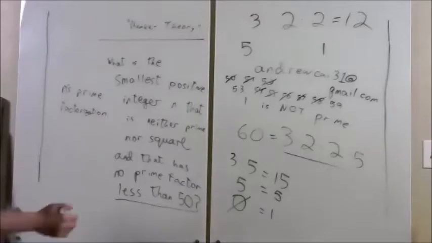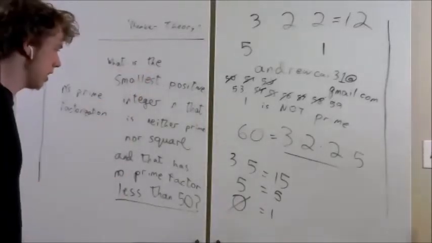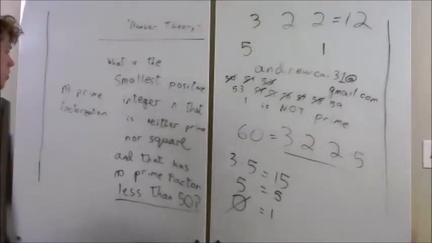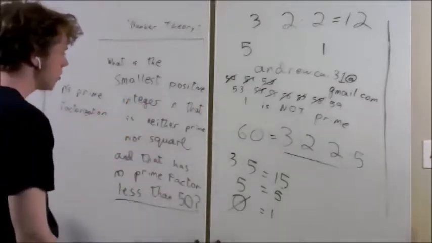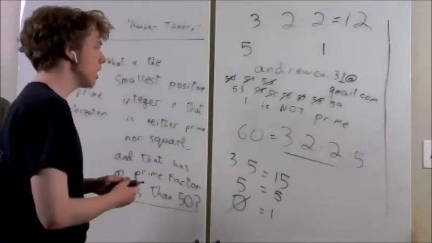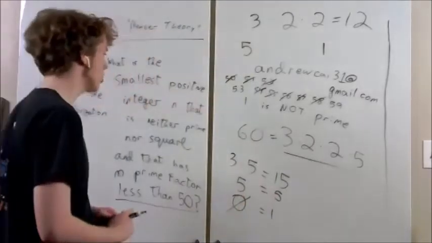So we want some primes greater than or equal to 50, but none less than it. It's not 1 because 1 is a square. And so look at its prime factorization. It can't just have one prime number, because otherwise it would be prime.